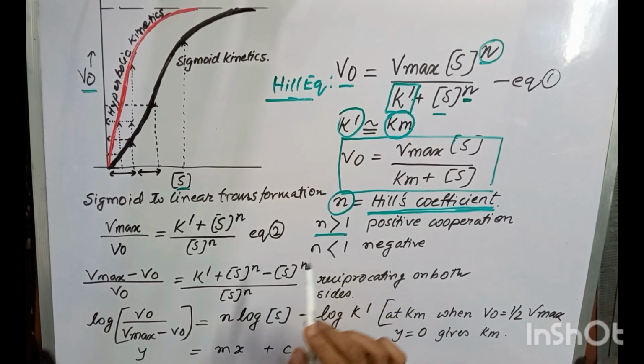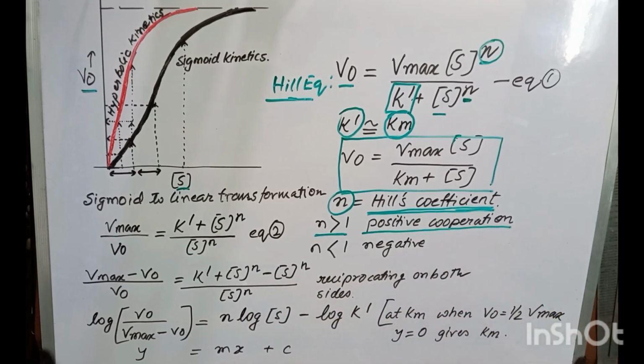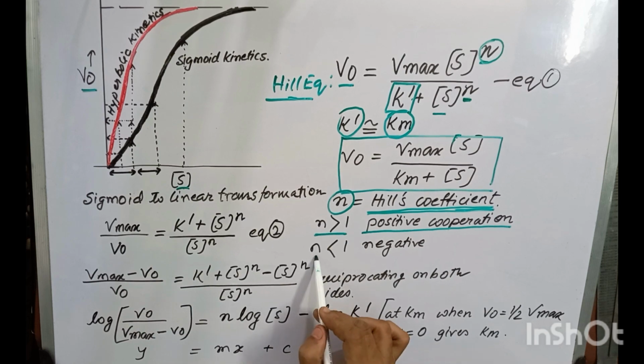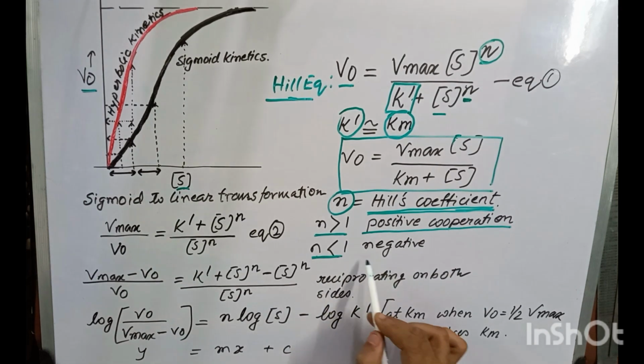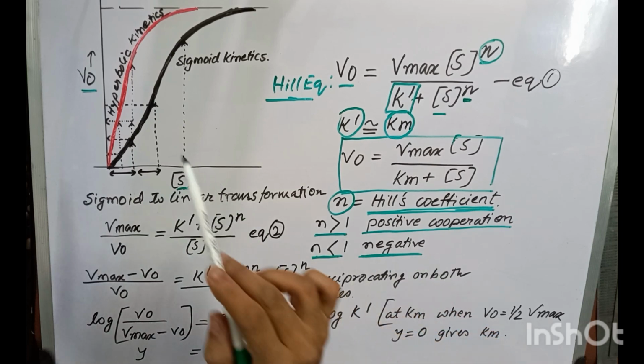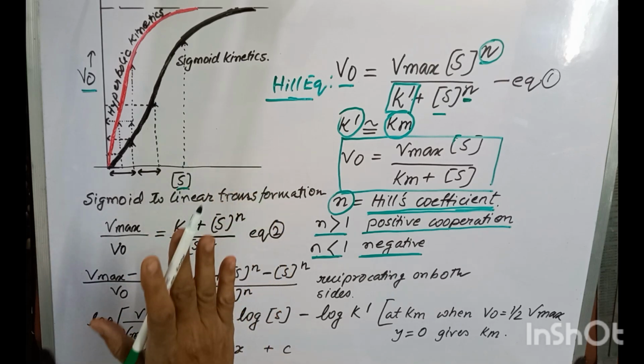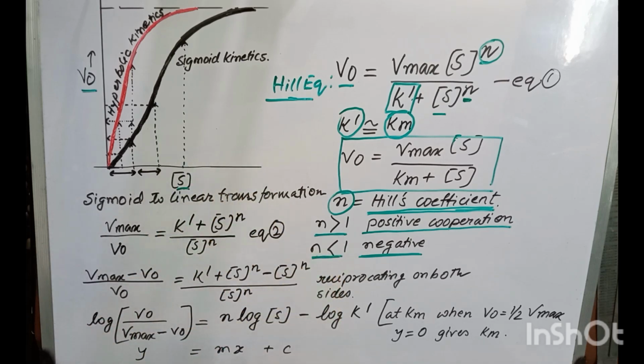It indicates that this is an allosteric activator. When n is lower than 1, it indicates that it's a negative regulator or an allosteric inhibitor acting on this sigmoid kinetics, and this allosteric inhibitor will somehow affect the Km and the Vmax of the reaction.